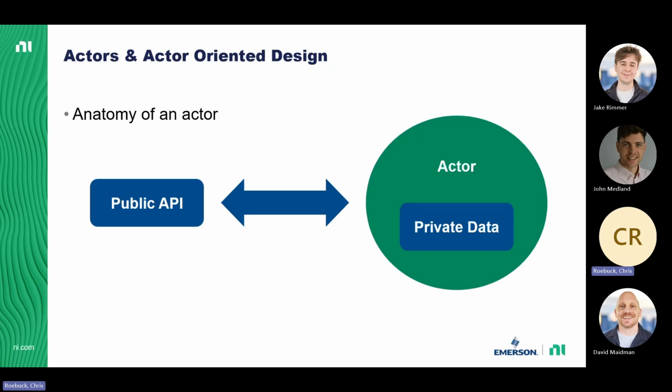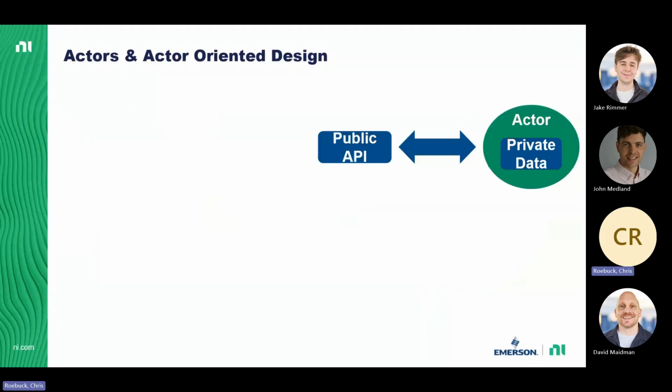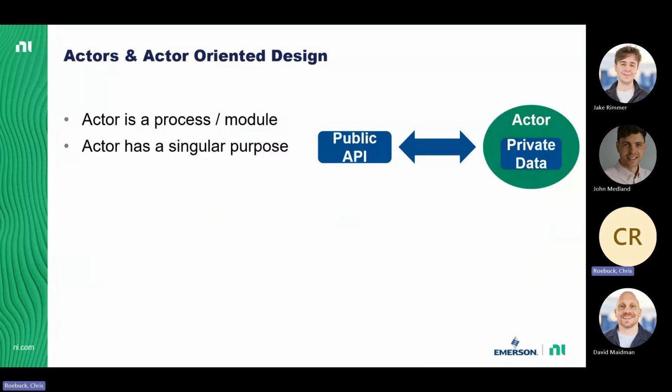So what does an actor look like? It's a thing, it's a module, it's a process, it's got some private data, and it publishes an API, an interface, a programming interface that allows us to interact with it. So fairly straightforward. An actor is a process, it has a very singular purpose. So it's a camera, it's a logger, it's a fan controller, it's a power supply, it's something, but it's a singular purpose that our actor has.